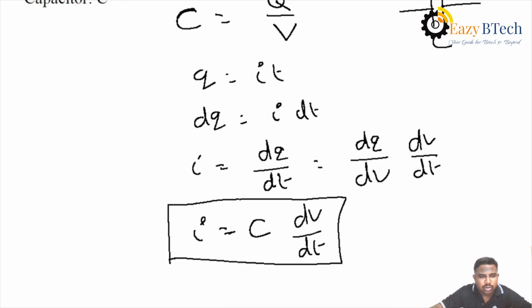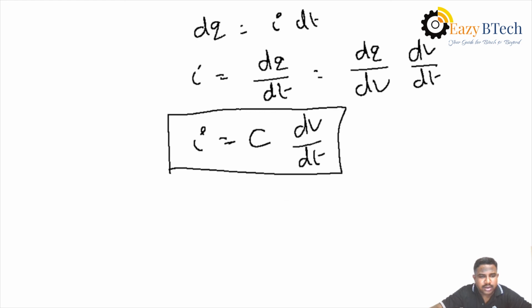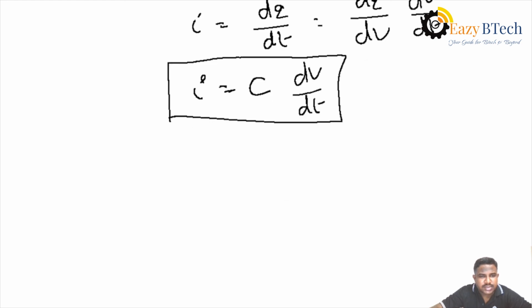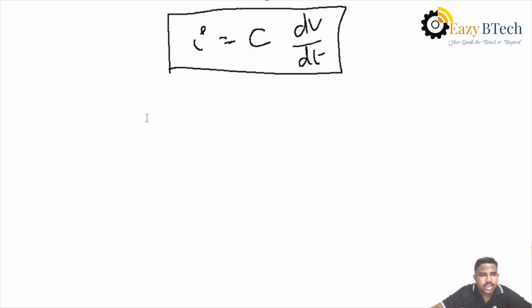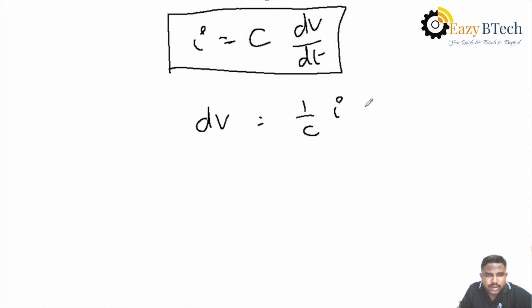If we know the value of current passing through the capacitance, then you can find out the voltage developed across the capacitor. From that, you can take dV equals 1 by C into I into dt.